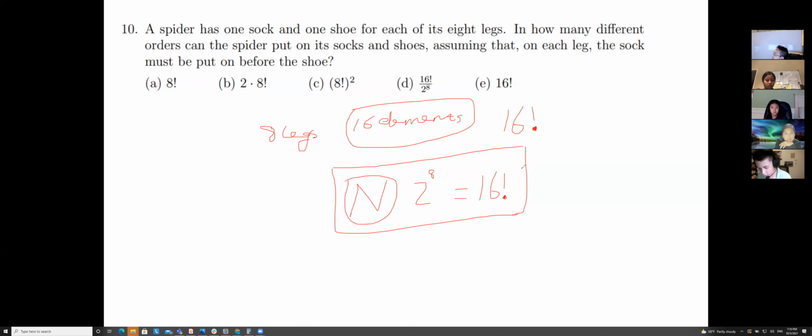Still no? But you can think this way. Suppose you have an arrangement of the 16 elements with some limitation.